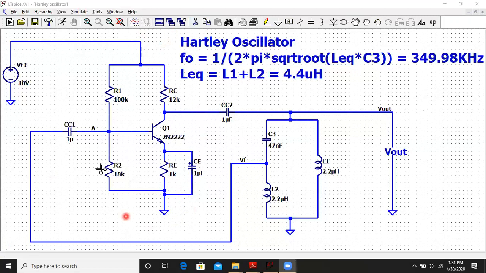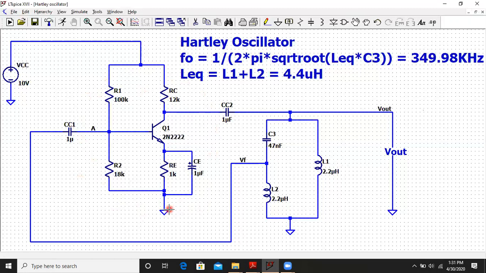Before doing that, a quick note on the working and Barkhausen's criteria satisfaction. To produce sustained oscillations, Barkhausen's criteria has to be satisfied. So for that, the gain of the feedback network, that is in this case the LC tank circuit, and the gain of the amplifier network, the product of it should be just greater than 1.